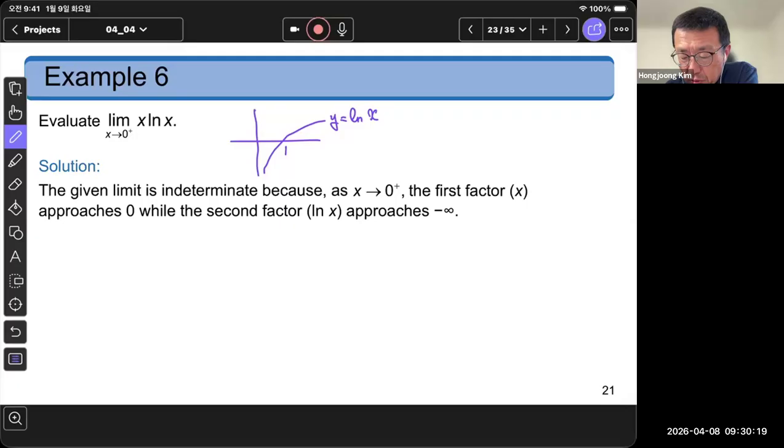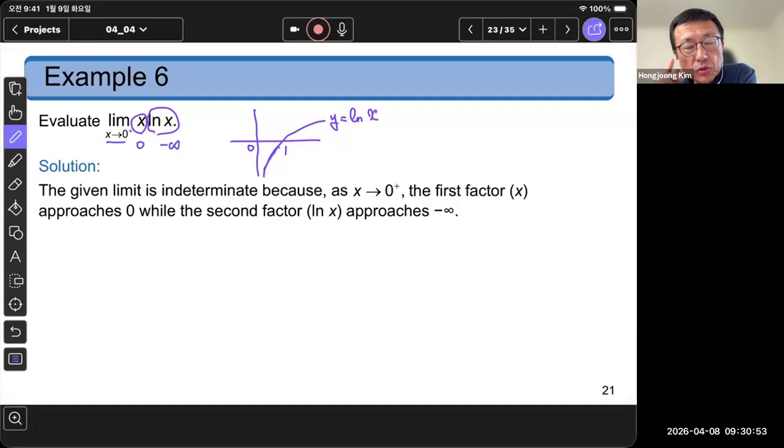And as x approaches 0 from the right, the value of the logarithmic function diverges to negative infinity. So one function diverges to negative infinity. But what happens to x? As x approaches 0, the value of x decreases to 0. So x approaches the value 0 while log x diverges to negative infinity.